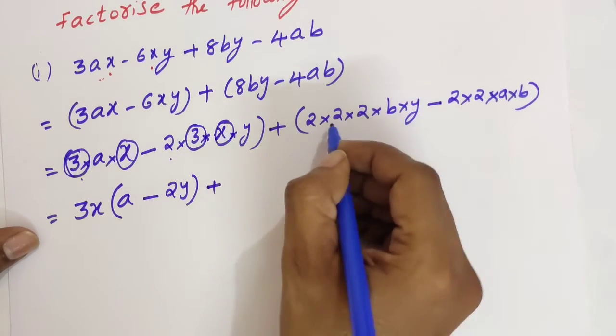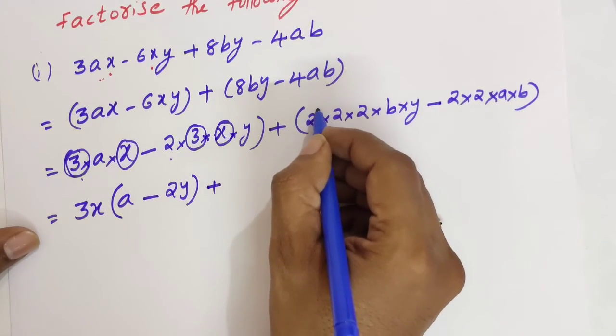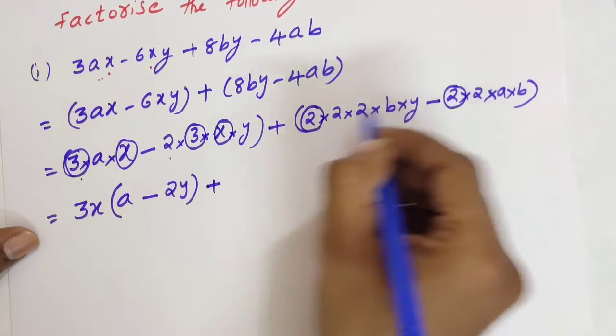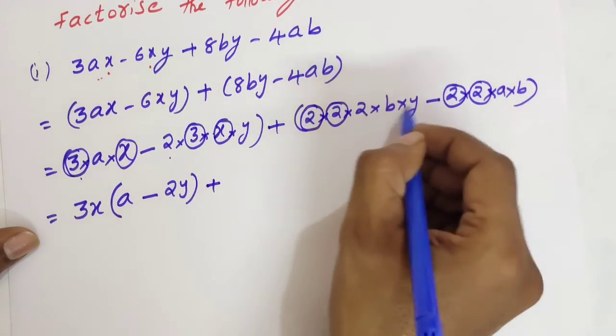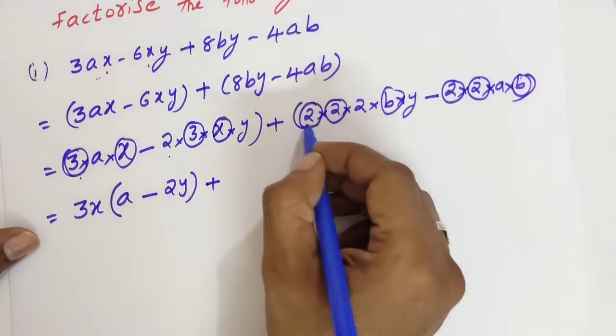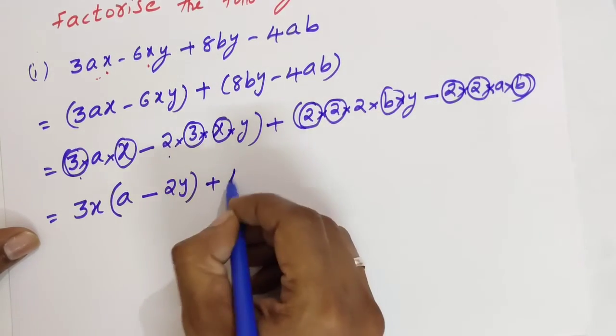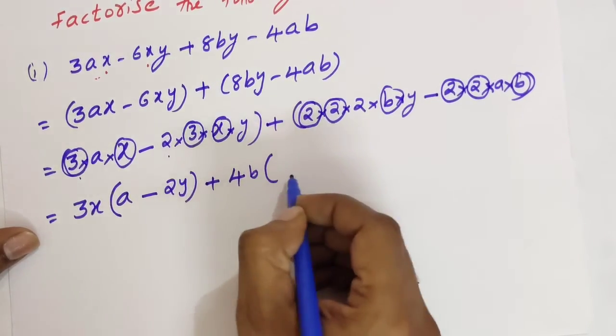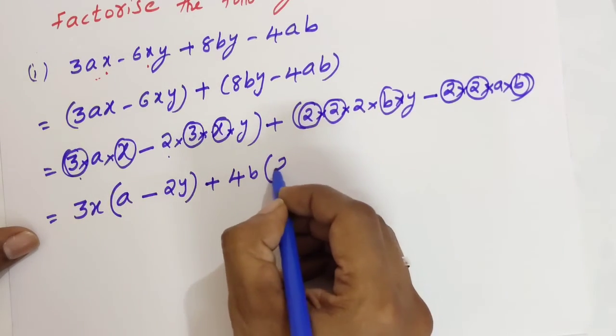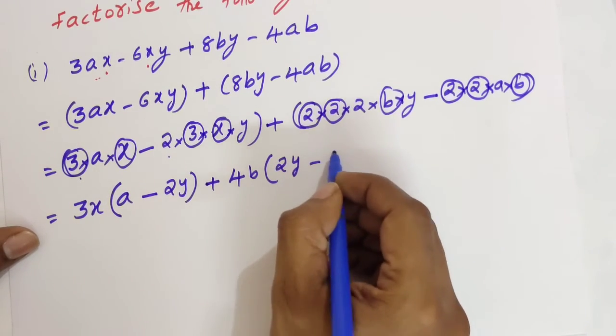And next here again from the second group take common 2 and b, that is 2 to the 4 into b, 4b, bracket begin, simply you can write 2y minus a.